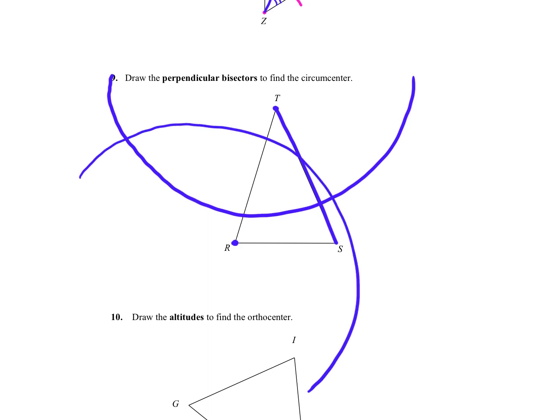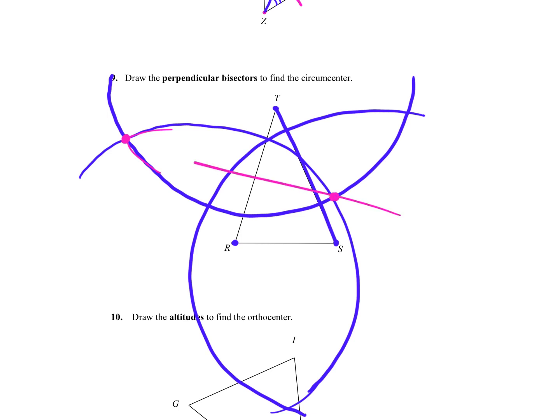This is a struggle, you guys. And then again from S, you're going to make a big arc. Okay, so again, this is a horrible representation, but this point here, if I follow that around, is going to connect over here. Okay, so that one actually looks pretty good, perpendicular bisector.